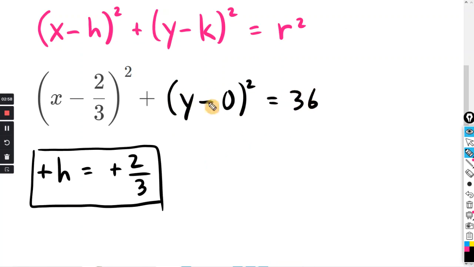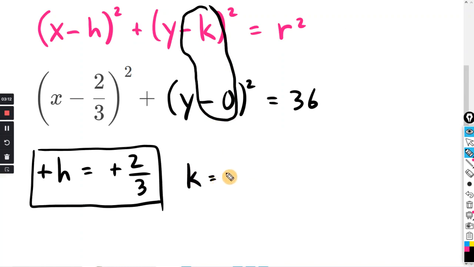So I just rewrote the y squared so we can match things up. And as you can see, for this binomial right here, negative k is negative 0, or you can just say k equals 0.